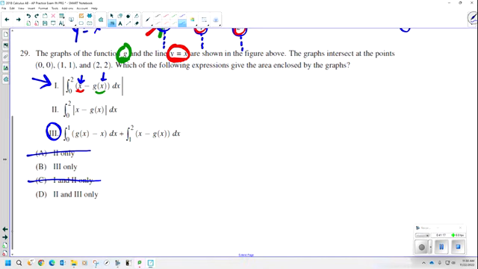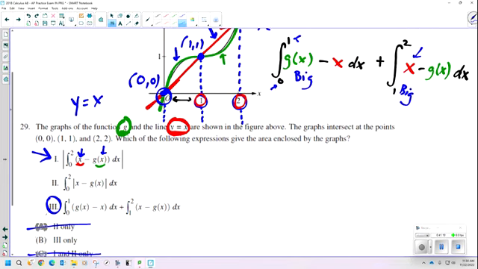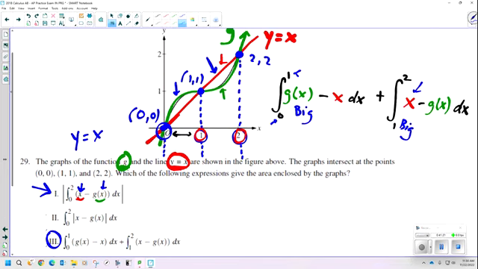Now let's look at the difference between option 1 and option 2. Option 1 does the absolute value of the whole thing, but it always leaves x on top. X on top is fine here, because the red is on top.